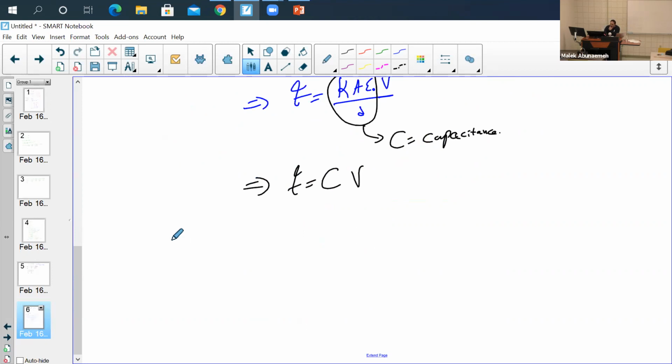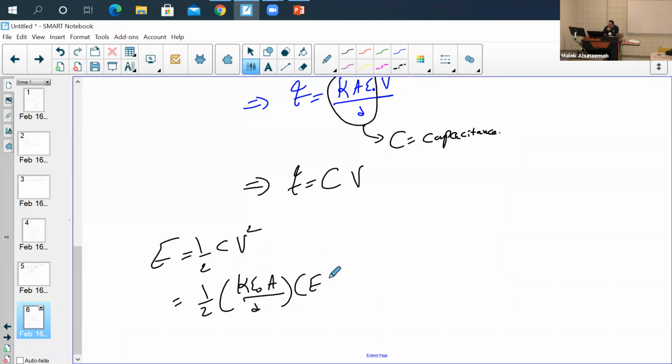Now, I need to mention that the energy equals 1/2 CV squared, which is going to equal 1/2 times your capacitance, which is your dielectric constant multiplied by your permittivity, multiplied by the area divided by your distance. And V is going to equal your electric field multiplied by your distance, and this is going to be squared.